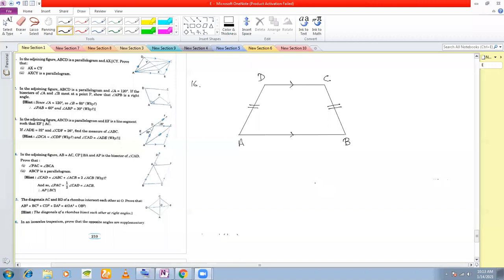Opposite angles are supplementary. What does it mean?